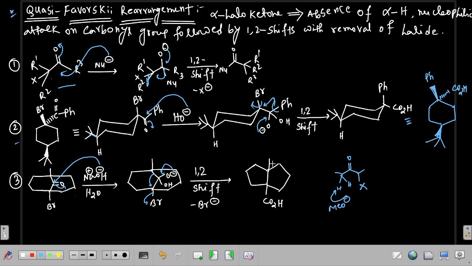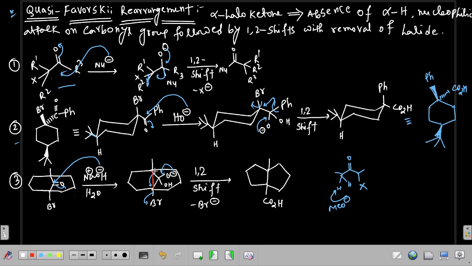So it leads to the formation of a bicyclopentyl, because this bond will shift from here to here, and it leads to the formation of a bond like this. Now we'll count the number of carbons present on both sides.